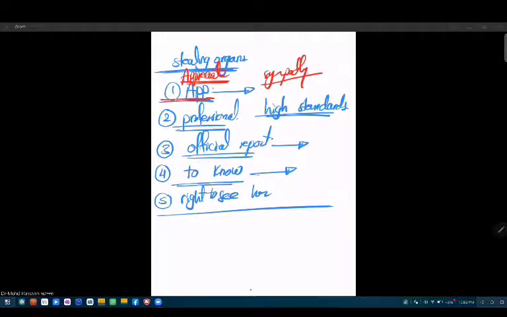Okay, I appreciate your concern. But let me tell you that we are a professional team with very high standards. We are going to prepare an official report, and you would know all of the contents of it. And moreover, after the post-mortem, you would get to see your grandmother, and you can see for yourself. Thank you. So it should be an easy one.